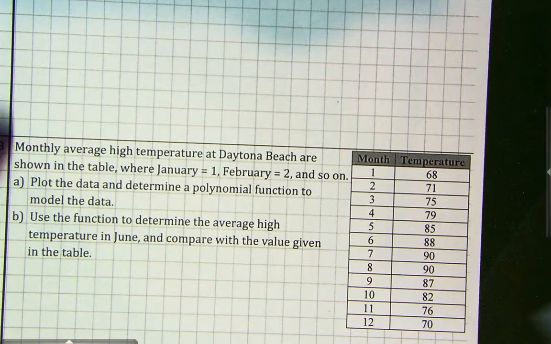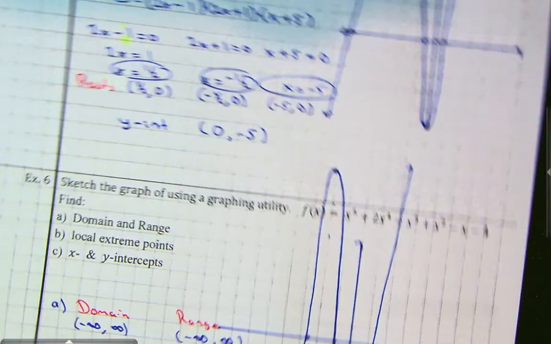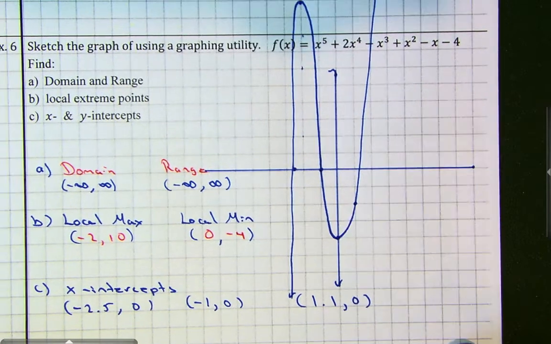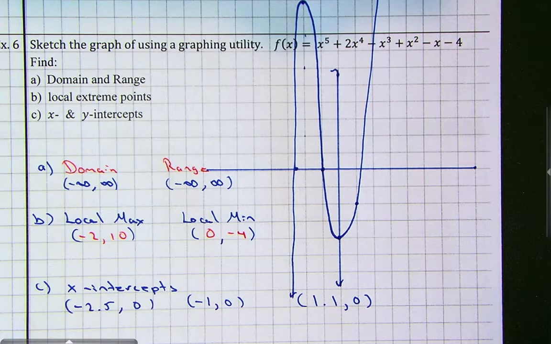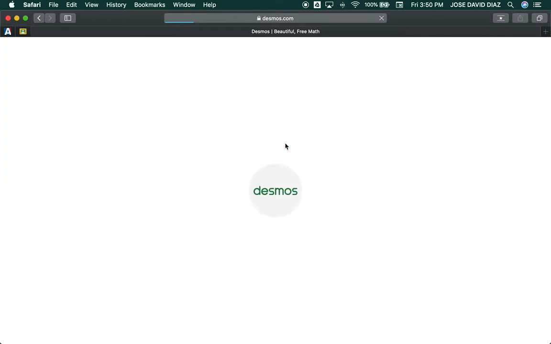Example number 7. Let's do it graphically. Let's do it through Desmos, and you can use Desmos for this because it's a little faster. But I also want you guys to get used to using your graphing calculator. So if I go through Desmos, I'm going to start the graphing calculator and type in the function.